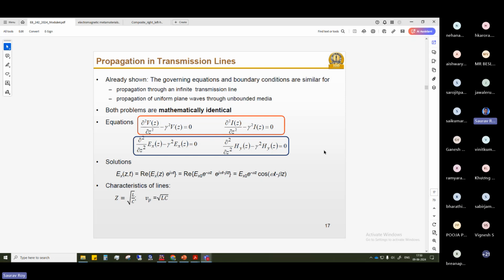E cross H gives you the Poynting vector, which, if you remember, gives the direction of power propagation. Similarly, the direction of beta gives you the direction of phase propagation.